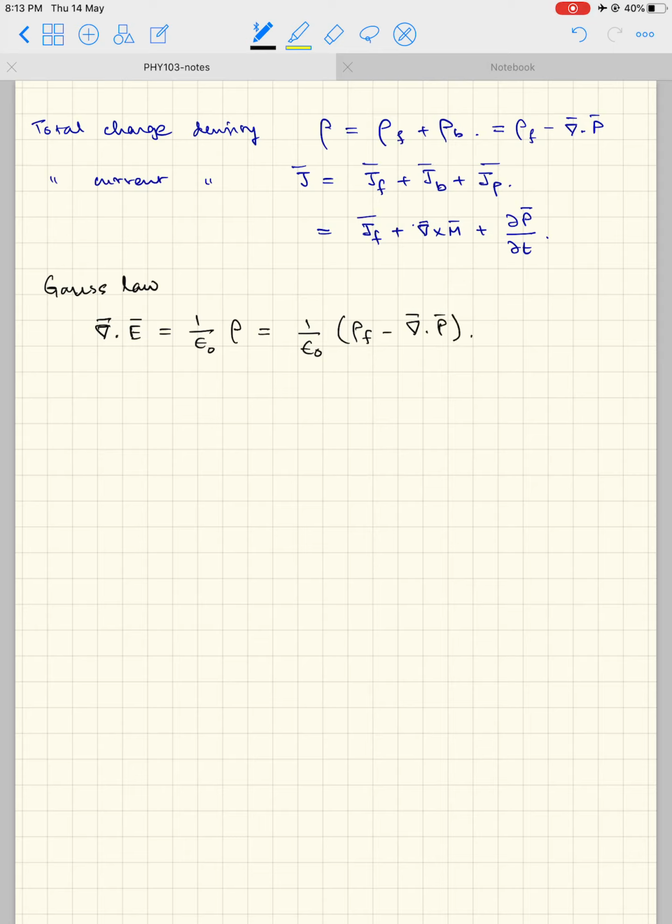This is written as del dot D is equal to rho f, where you define D as epsilon naught E plus P. This is the same as what we had in the usual static case. Now Ampere's law.